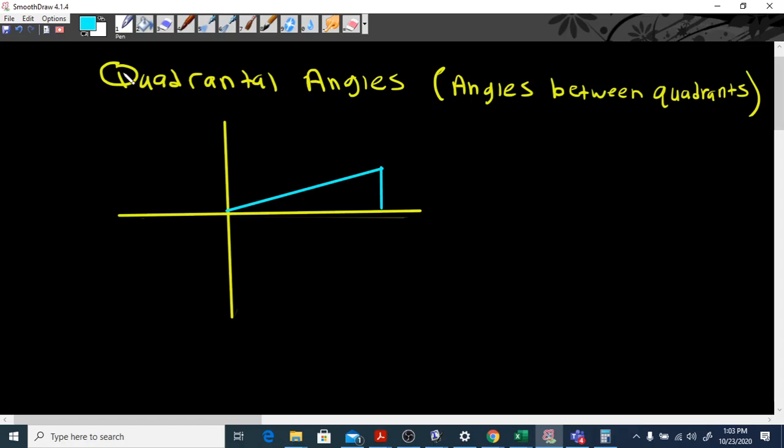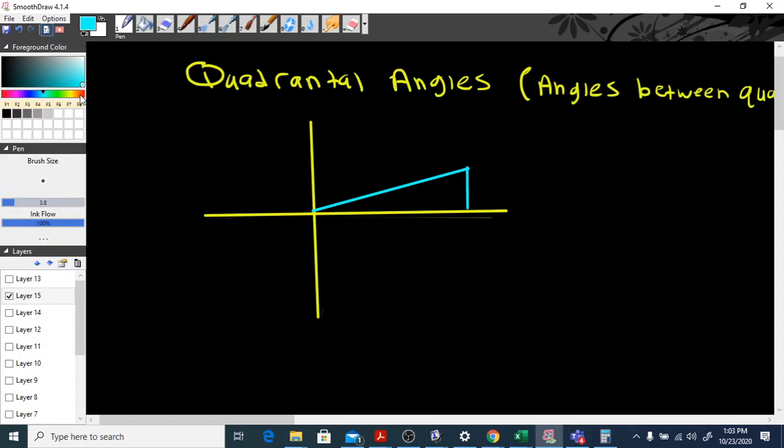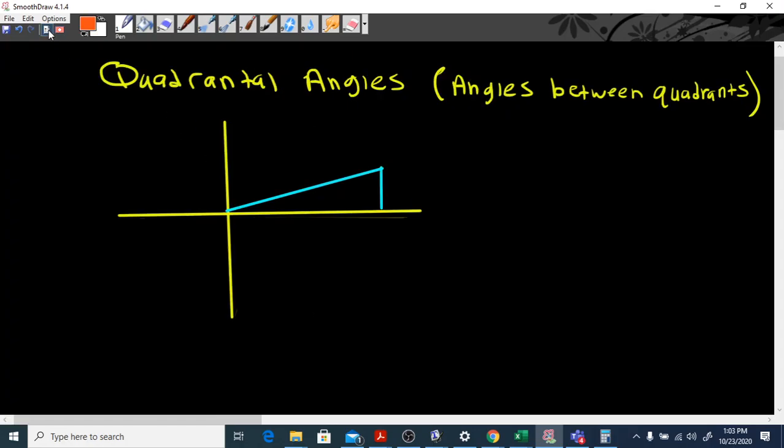Now let me change my color, and I want to show you what happens if I keep the R the same. So here's the R. If I keep that the same length, but I just make the angle smaller, look at what happens to the opposite side.